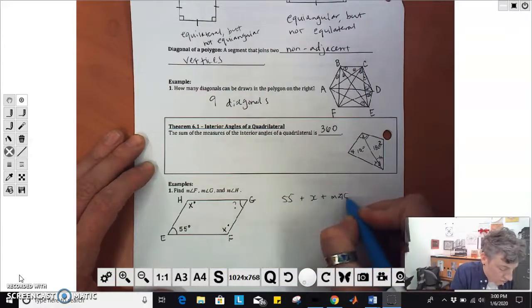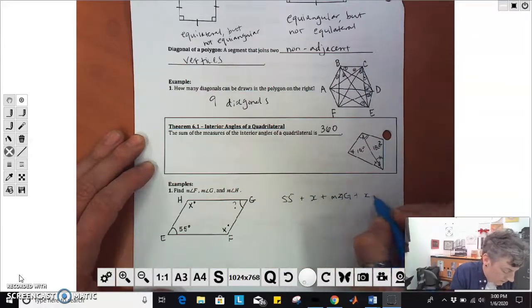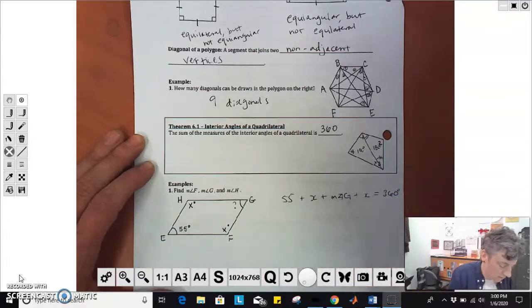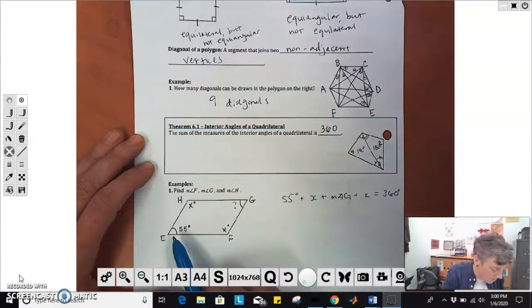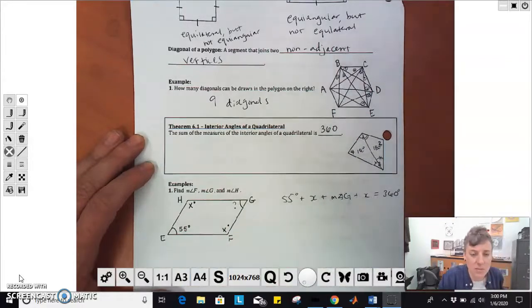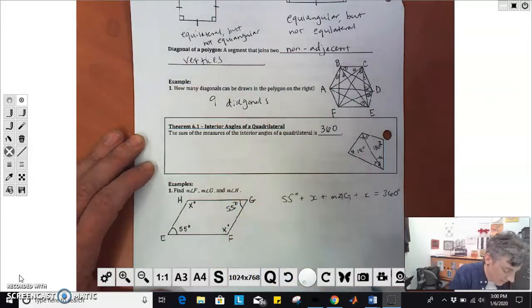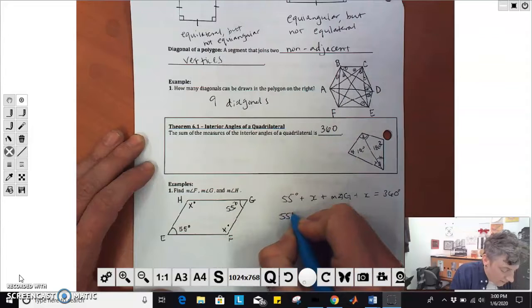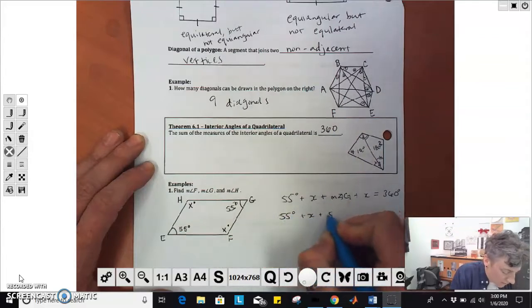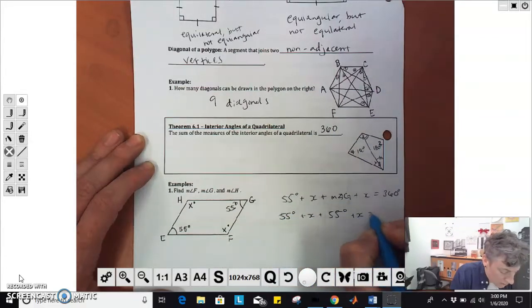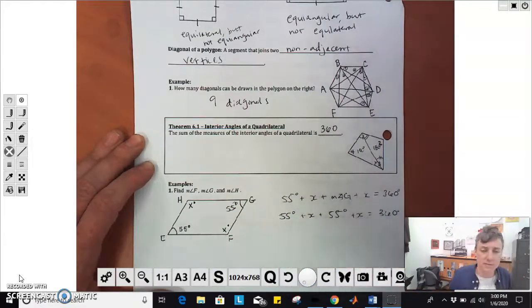The measure of angle G plus X equals 360 degrees. Well, wait, we do know what G is. G and E have the same number of arc marks, so that means they're exactly the same measure. So this is actually 55 degrees. So we've got 55 degrees plus X plus 55 degrees plus X equals 360 degrees.